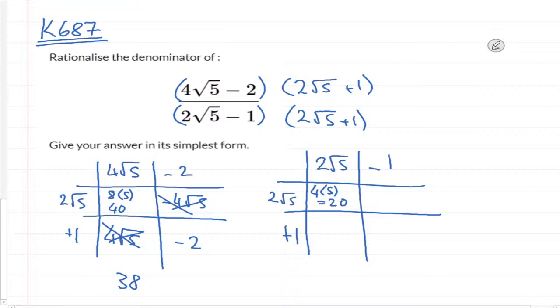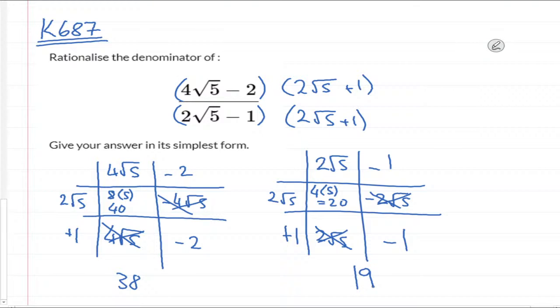Good. 2 root 5 times by minus 1 is minus 2 root 5, plus 1 times 2 root 5, 2 root 5. Everybody write that. 1 times minus 1 is minus 1. They will cancel, 2 root 5 minus 2 root 5. So I end up with 20 minus 1, which is 19.